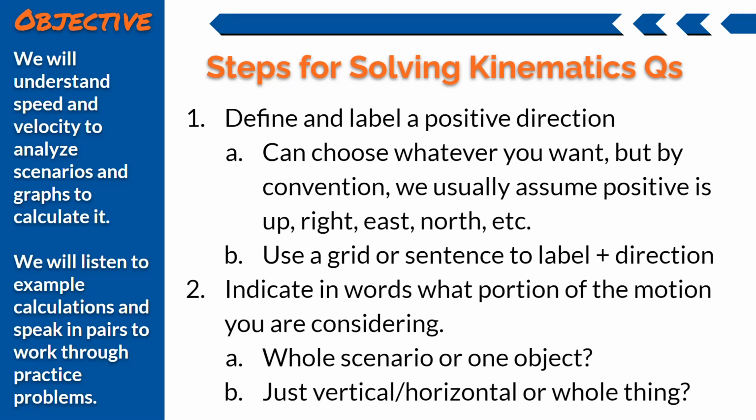If the question is telling you about something's motion over the course of 20 seconds, but then it asks you about what happens at 5 seconds, then you would just be considering that portion of the motion. So it could also be based on the time of the motion or something like that. But you need to indicate what portion of the motion you are considering.